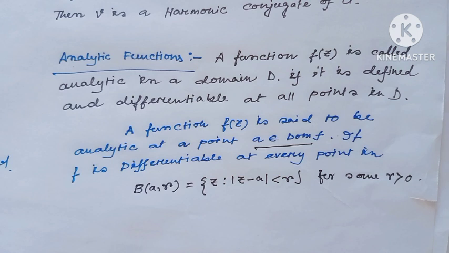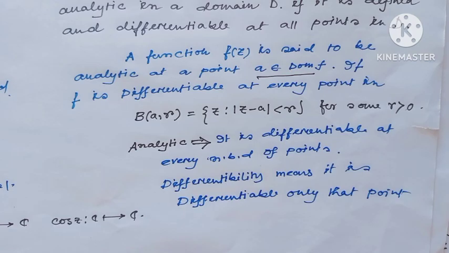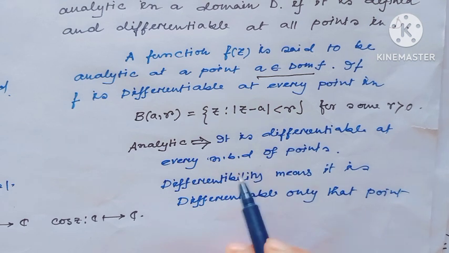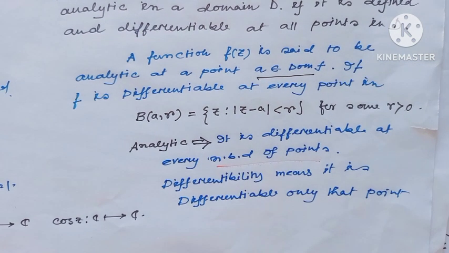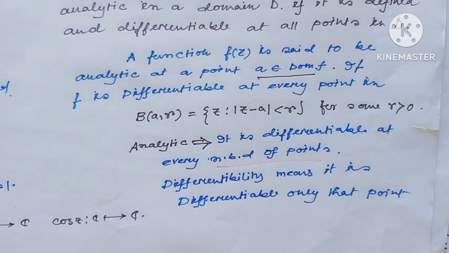If f is differentiable at all the points in the domain D, then we can tell the function f(z) is analytic. That means analytic means it is differentiable in every neighborhood of a point, but differentiability means it is differentiable only at that point. This is the difference between analytic and differentiable.